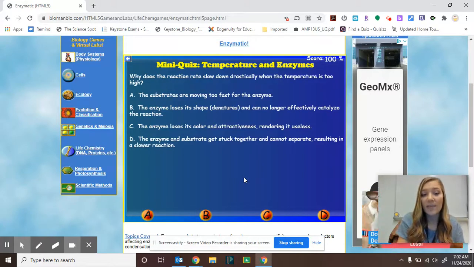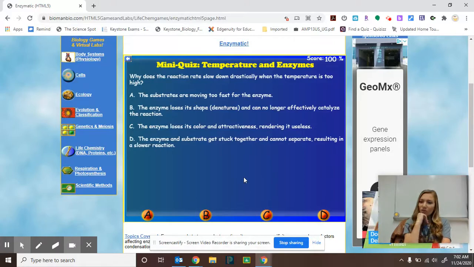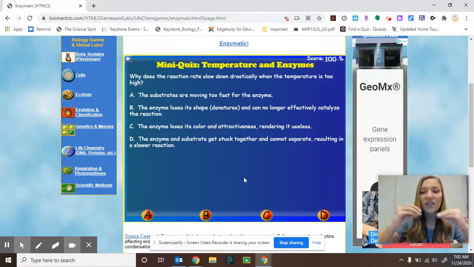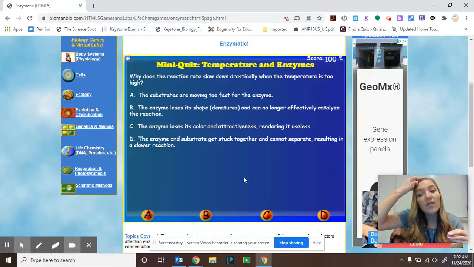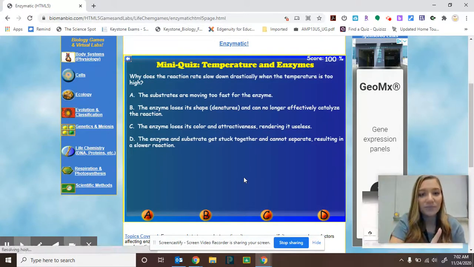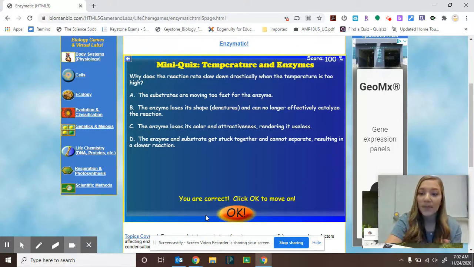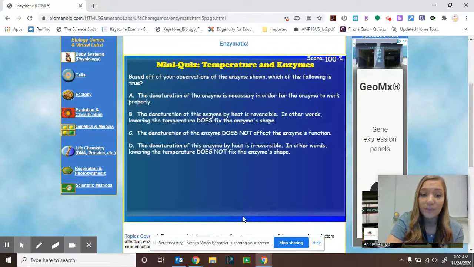Or D, the enzyme and substrate are stuck and can't separate. Well, what happened when we turned up the temperature so high? What happened to that enzyme? Do you remember how it got all weirdly shaped and it didn't fit the substrate anymore? So the answer for this one, think about it, B. It no longer has the correct shape because it was denatured.